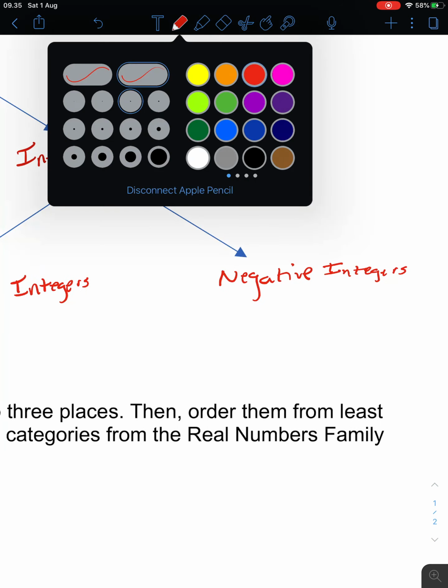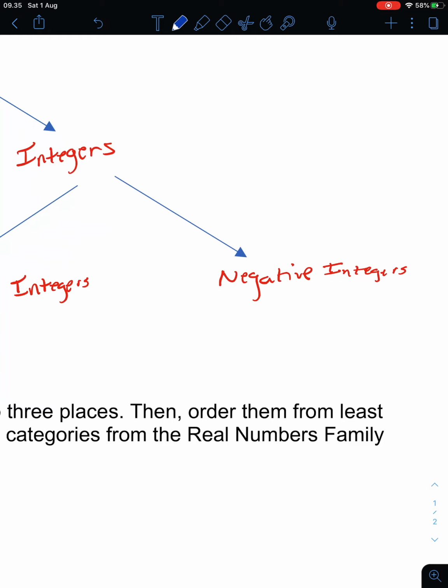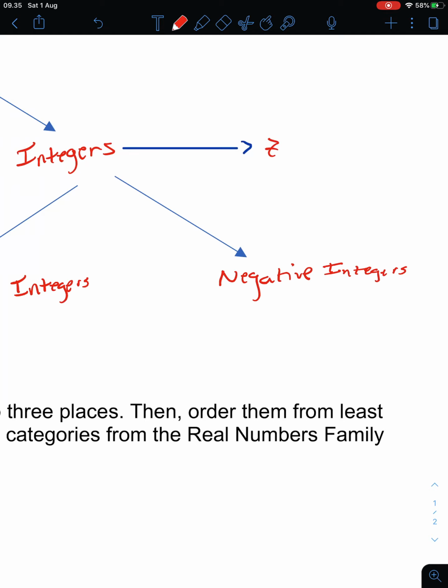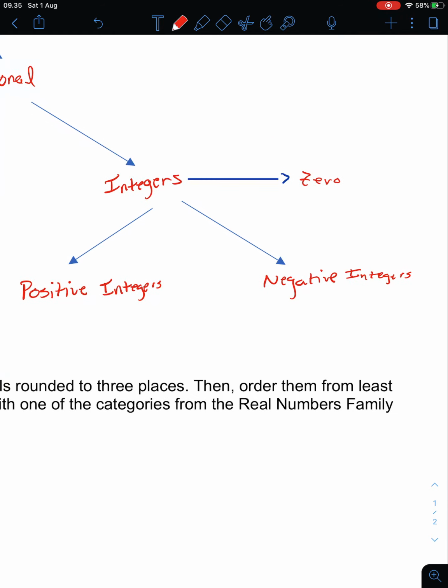I'm actually going to add a third little streak here from integers. What's a number that's an integer but it's not positive or negative? 0 is an integer that is not positive or negative. Okay.